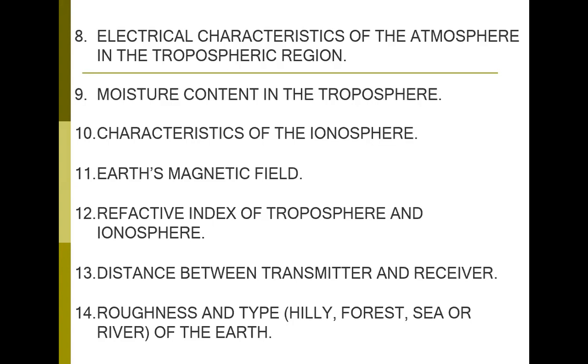Characteristics of the troposphere, then characteristics of the ionosphere. Earth's magnetic field is itself a topic in this unit. We will discuss it in detail, because the Earth itself is said to be a magnet. It has its magnetic field. The wave has a magnetic component also, so the Earth's magnetic field also plays an important role in propagation.